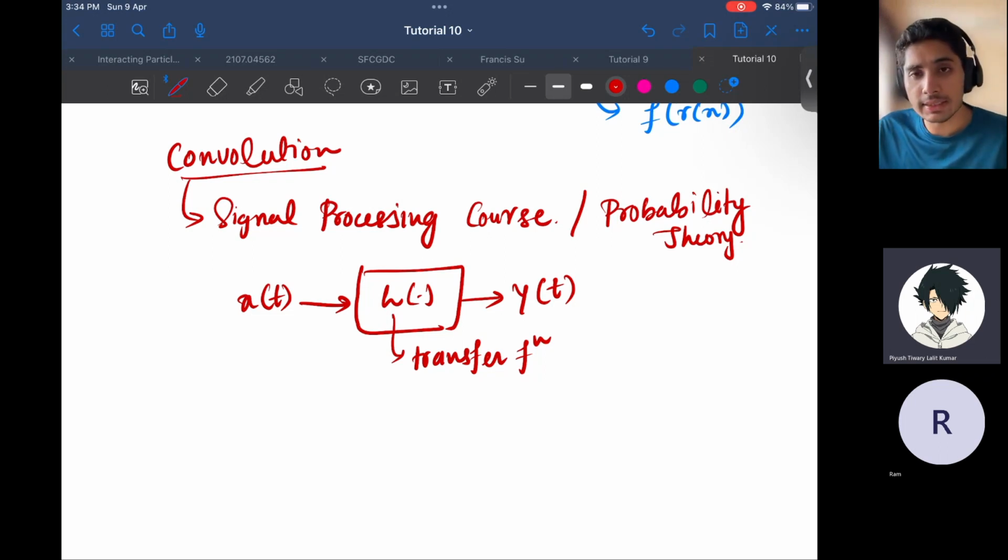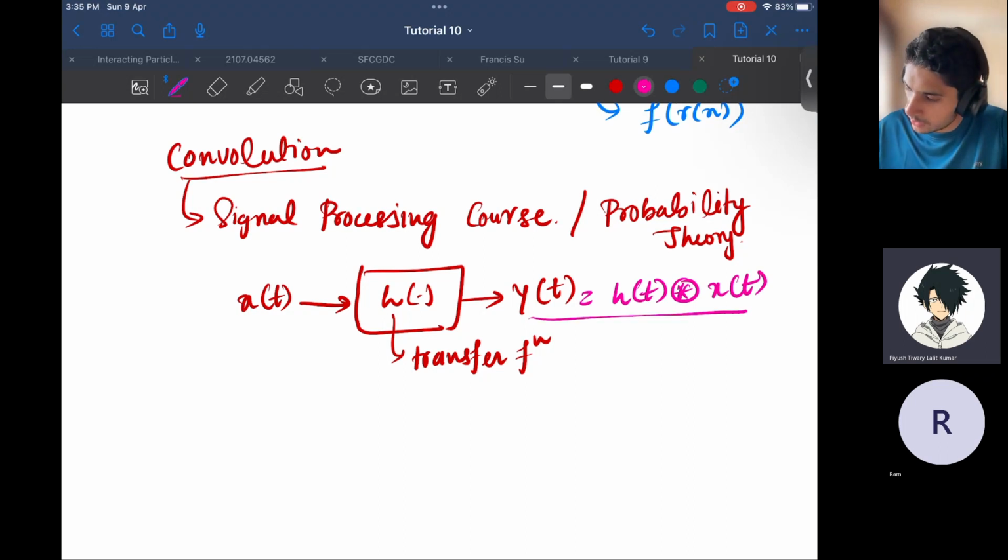If you are given any system which takes a signal as input and spits something as output, you can always find the transfer function of that system. And the relation between y, h, and x is that y of t is equal to h of t convolved with x of t. So the output is somehow obtained by mixing the transfer function and the input itself.